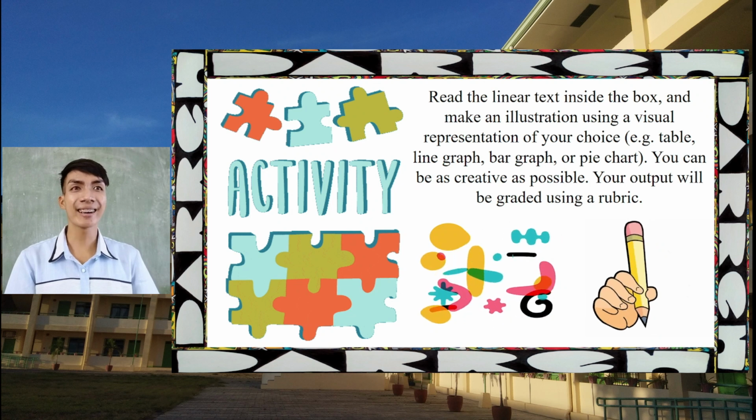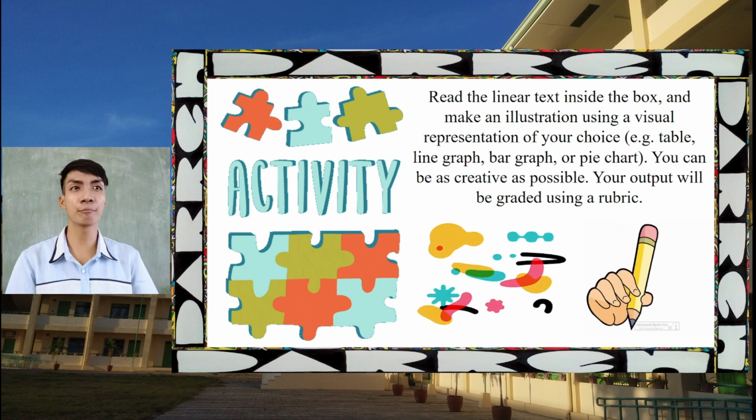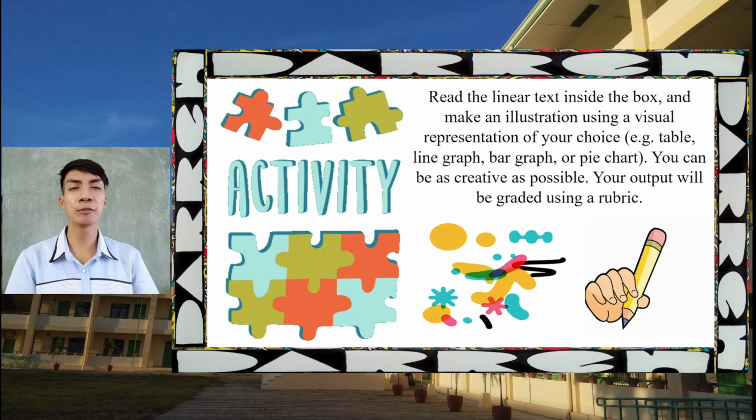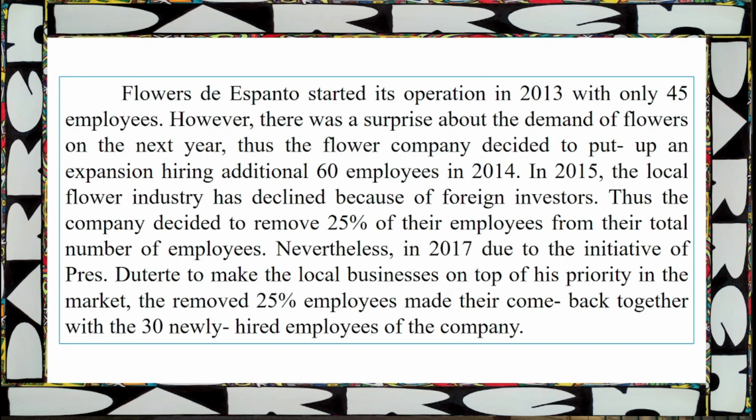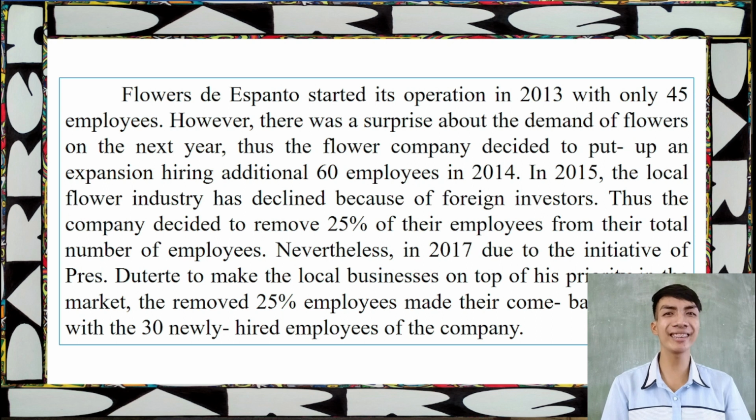You can be as creative as possible. Your output will be graded using a rubric. Here is the linear text. Screenshot this slide now, learners, and begin doing your graphical representations. I hope that you will enjoy making them.